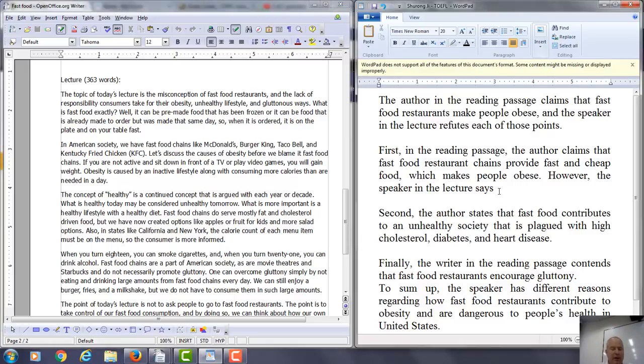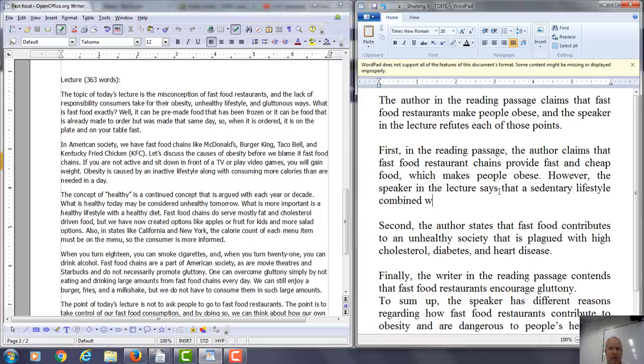So the lecture says that, let's say, sedentary lifestyle combined with eating too much causes obesity.